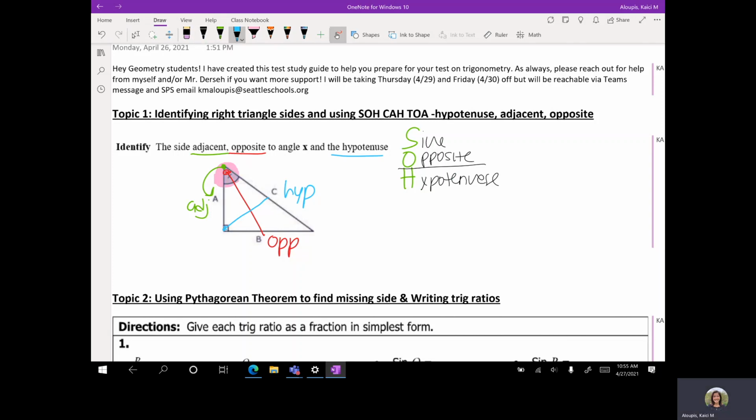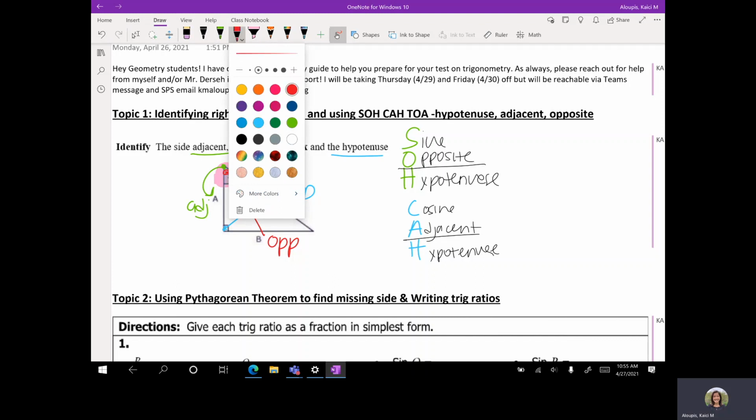We also have CAH, and that's cosine, which is the adjacent side over the hypotenuse. And the last one is tangent.